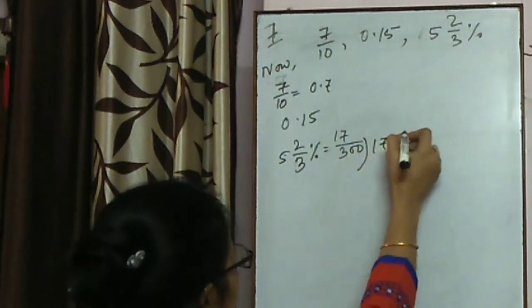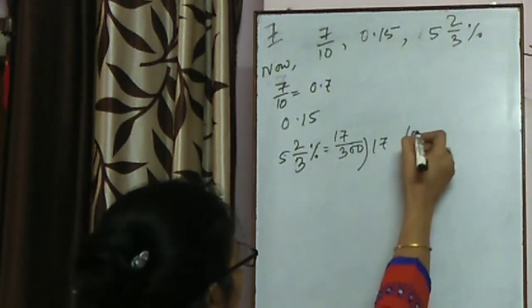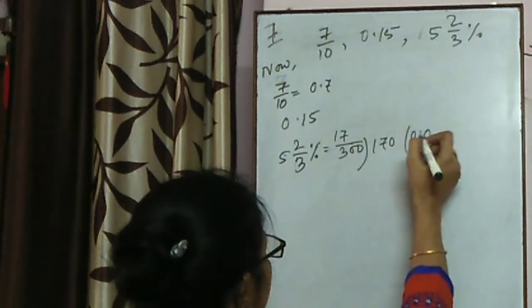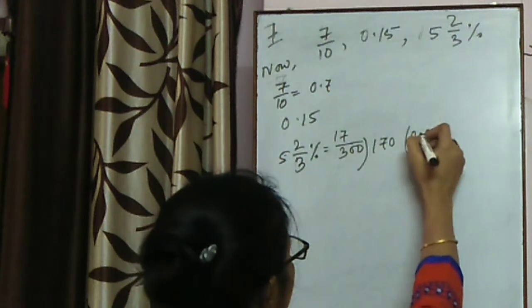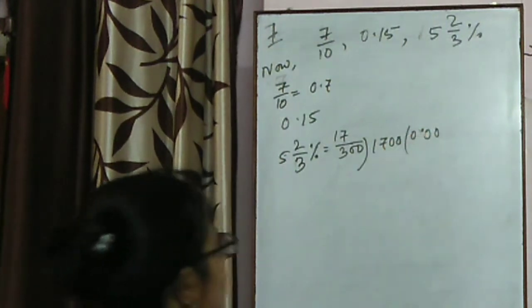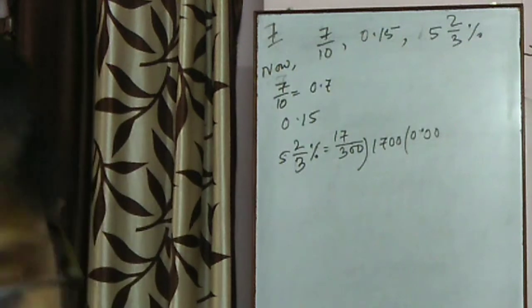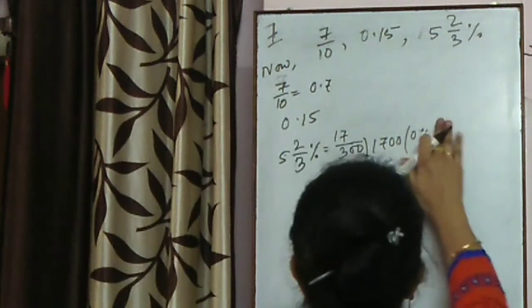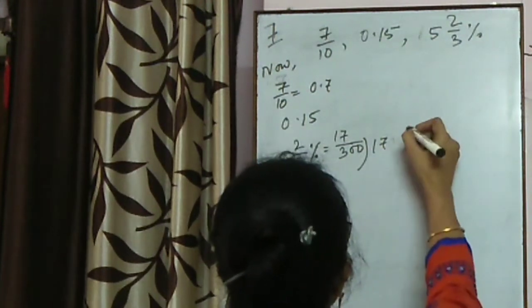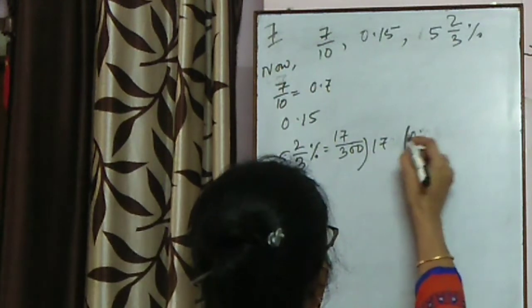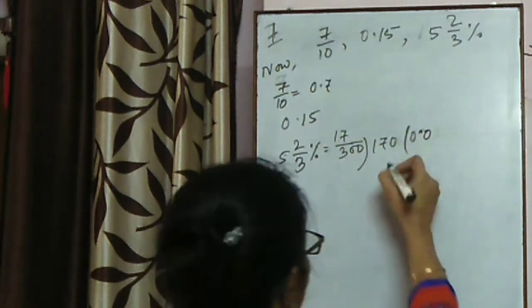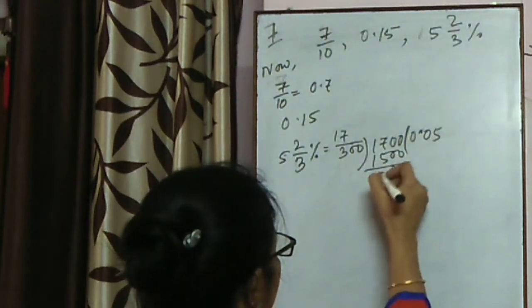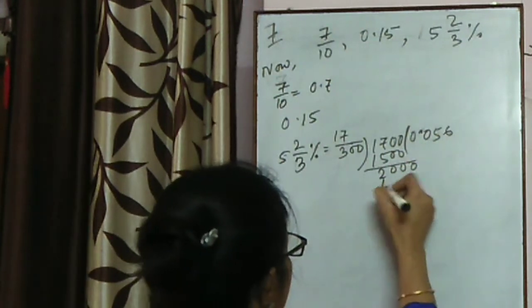Now do the division. It's not divisible, so 0, decimal, 0, still it is not divisible, 0, then by 5, 2000, then 6.